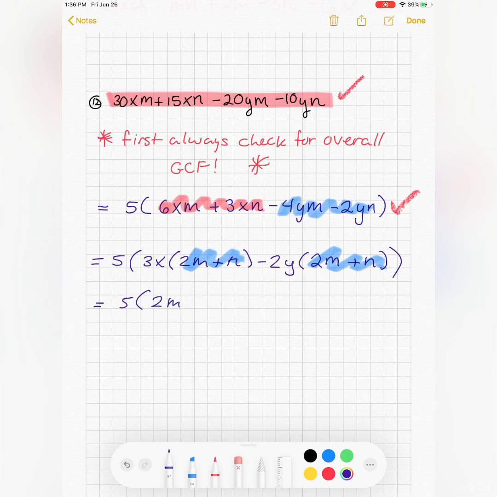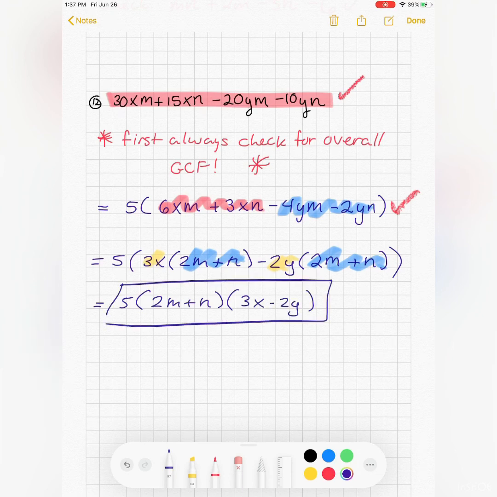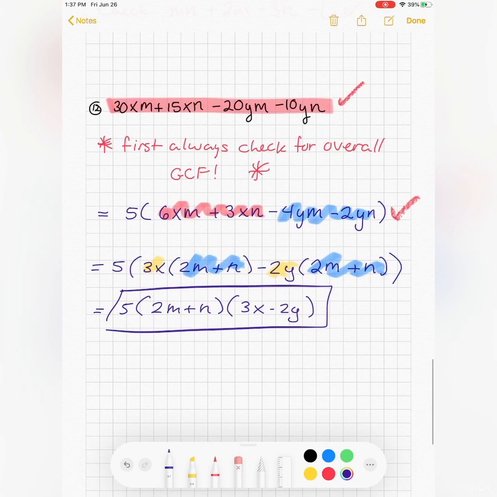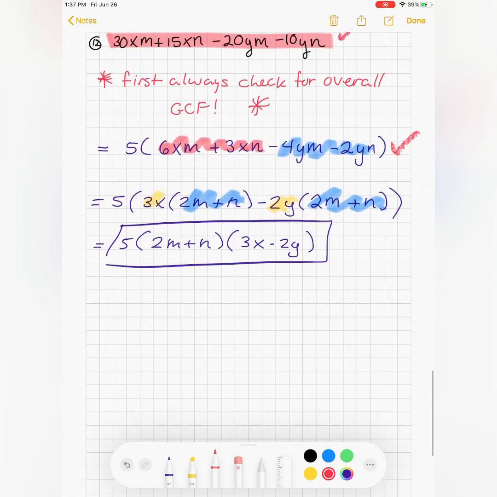So that's 2m plus n. And what does that leave me with? 3x minus 2y. And there it is in factored form. So that's a nice complicated one. That's the last one, so I don't know, should we try checking it?